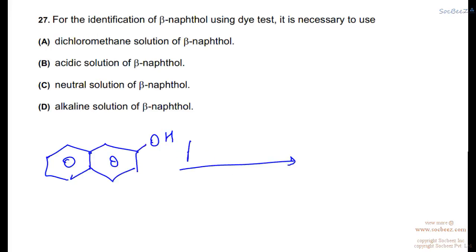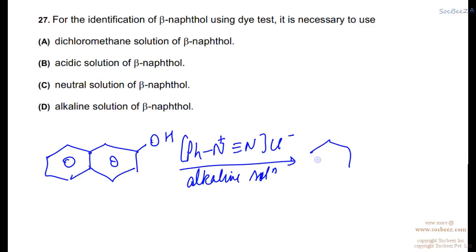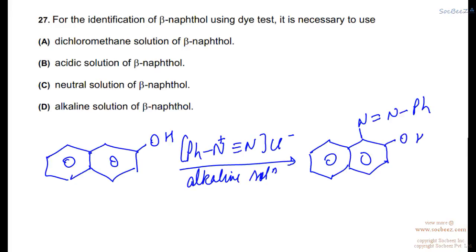And in the dye test, it undergoes a reaction like this under alkaline solution. This is the identification test of beta-naphthol.